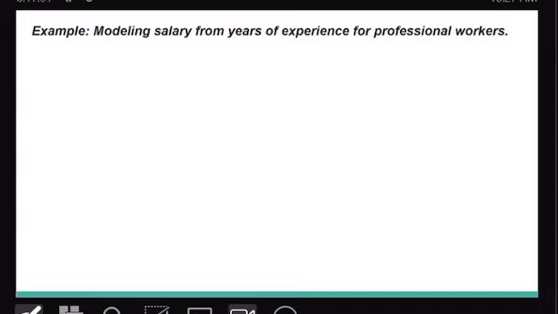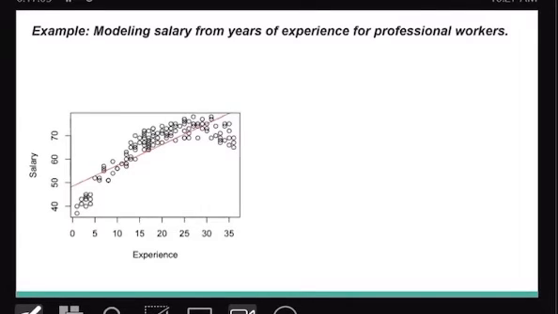Using years of experience of workers, I want to determine something. Take a look at this. I want to predict salary using experience of workers. If I use salary against experience, even if there is no violation, this is not in statistical standing.